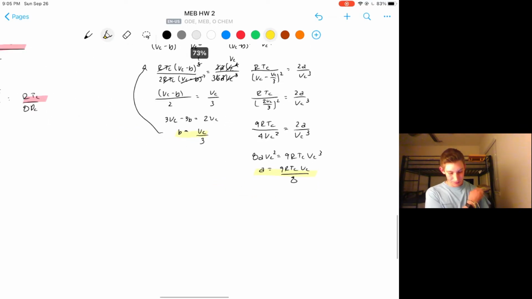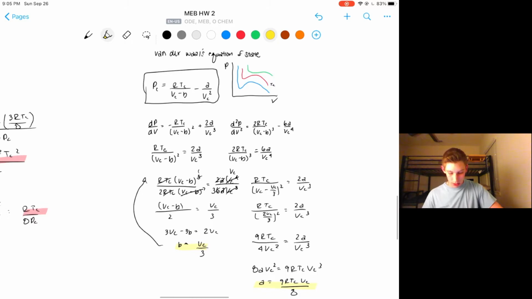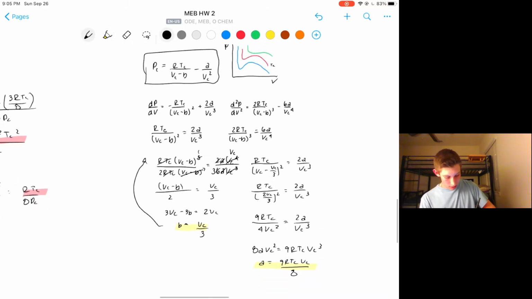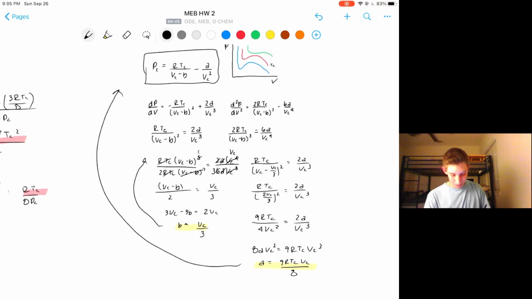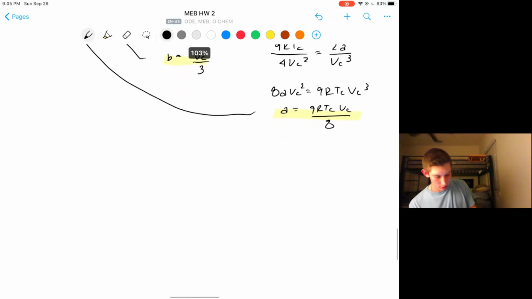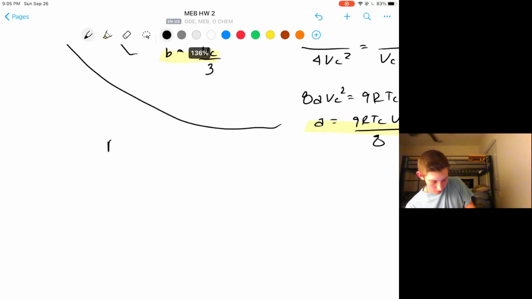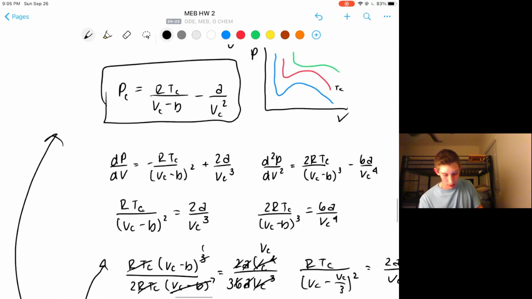So with this, we can put it back into our original equation here, so that we can model what any real gas would be regardless of its identity, and that will also help us find the compressibility factor, which we will talk about once we find it. So it goes like this.